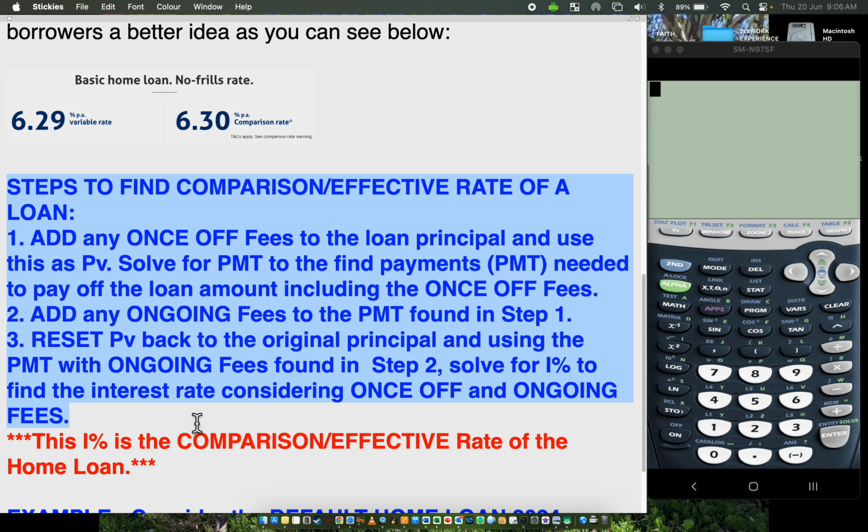Once that's in your TVM solver, you add any ongoing fees to the PMT you found in step 1. And then the final step, you put PV back to the original principal, but now you have a larger PMT. So a larger payment for a smaller loan amount will increase the interest rate, which is known as the comparison or effective rate of the loan.